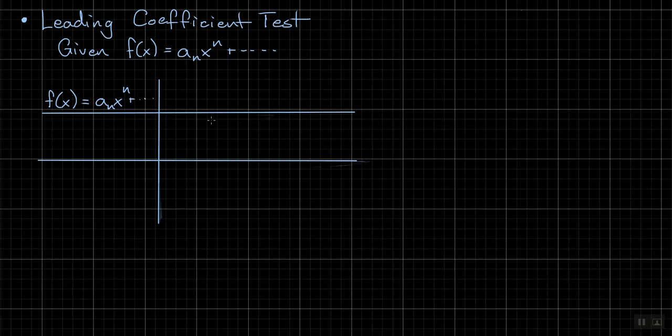So it could be 1. Doesn't have to be. Did somebody quietly murmur a sub n? Okay, louder murmurs next time. Now, what's the degree of this function? N. A sub n is the leading coefficient, and n is the degree.